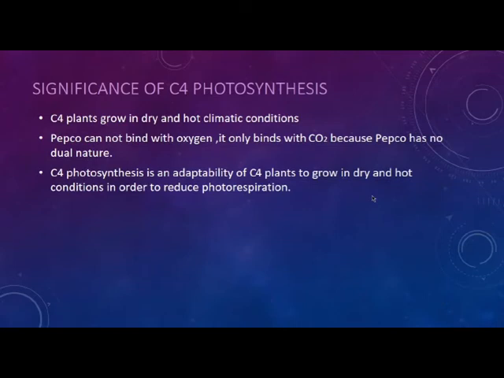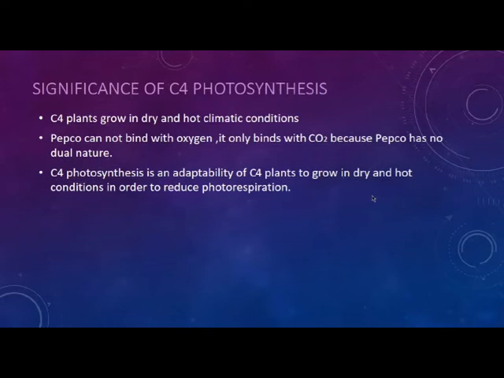Now, what is the significance of C4 photosynthesis? C4 plants grow in dry and hot climatic conditions. PEPCO, which is an enzyme, cannot bind with oxygen; it only binds with carbon dioxide because PEPCO has no dual nature. C4 photosynthesis is an adaptability of C4 plants to grow in dry and hot conditions in order to reduce photorespiration.